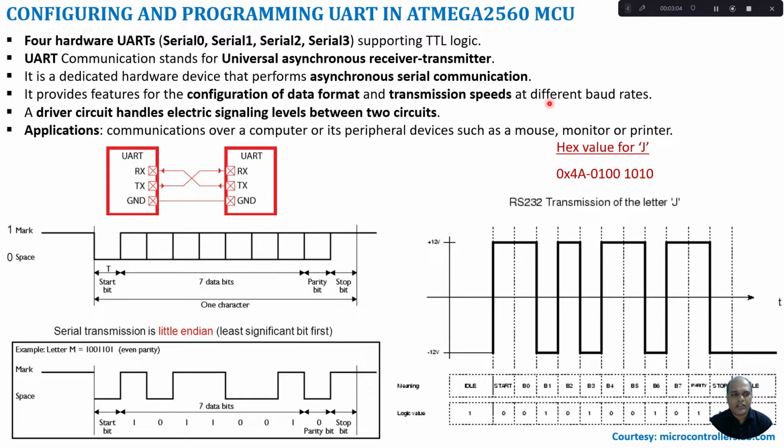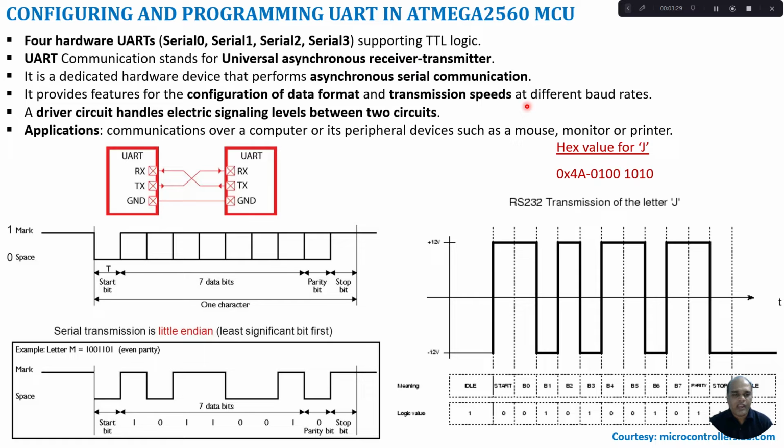So there is a drastic change in the electric signaling levels from one device to another. If I want to send 1 from the microcontroller to a computer, it is logic 5 volt in the microcontroller, whereas in the computer it is minus 12 volt.